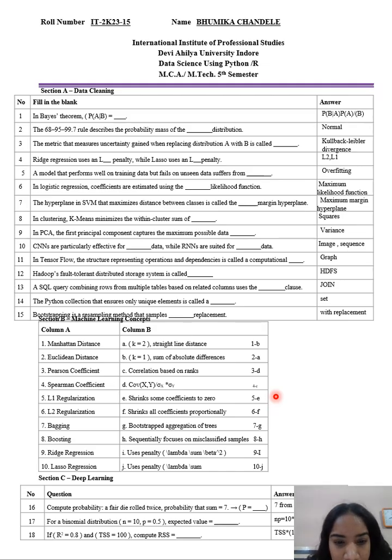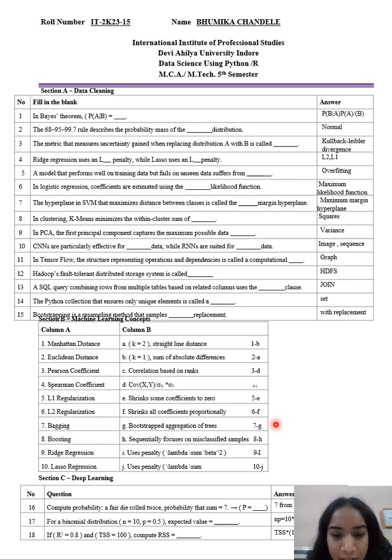Fifth question, L1 regularization. Answer is E, it shrinks some coefficients to 0. Sixth question is L2 regularization. The answer is F, it shrinks all coefficients proportionally.